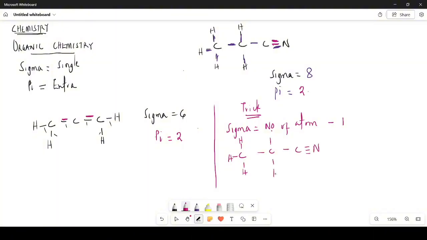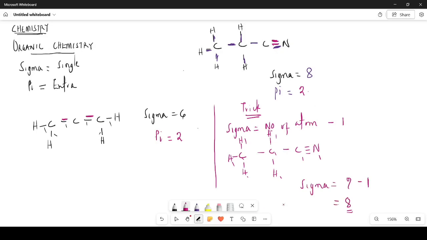How many atoms do we have here? Just count the number of atoms. 1, 2, 3, 4, 5, 6, 7, 8, 9. So the sigma bond is going to be equal to 9 minus 1. And what's that going to give you? 8, which is very correct. We have done it up here.